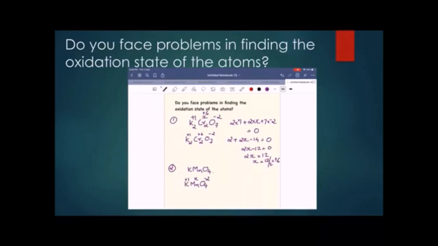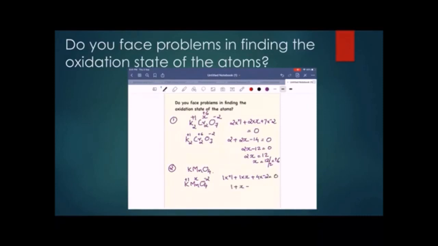Once we add all the oxidation states of all the atoms in this compound, we should get the value as 0. So potassium, 1 potassium atom, so 1 into +1. 1 manganese, we do not know what is the oxidation state of manganese, we consider it as X. 4 oxygen atoms, 4 into -2, total 0.